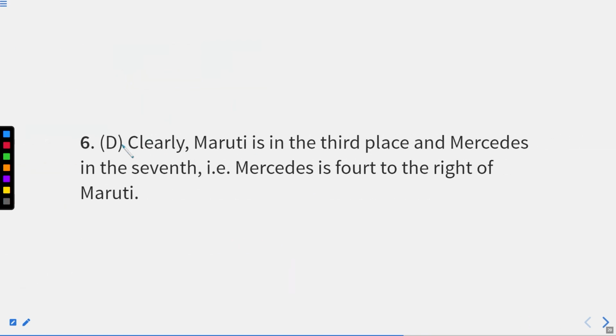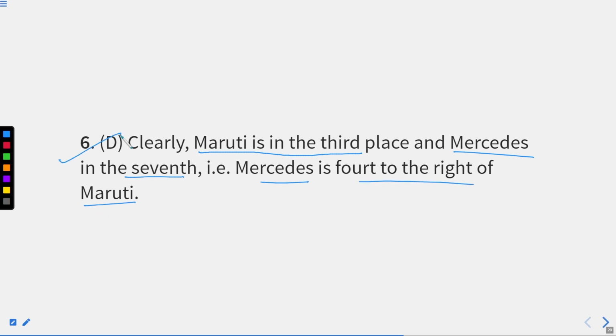Question number 6 clarifies that Maruti is at the third place and Mercedes is at the 7th place, so Mercedes is 4th right to Maruti.